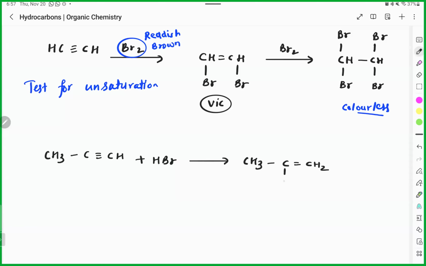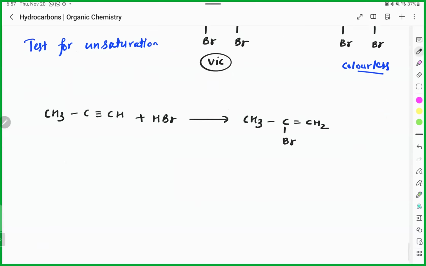It will be like Markovnikov rule. Bromine will be added to the more stable carbocation, and hydrogen will be added on the other carbon. If you further take HBr, same process, Markovnikov rule. And both the halogens will attach to the same carbon.